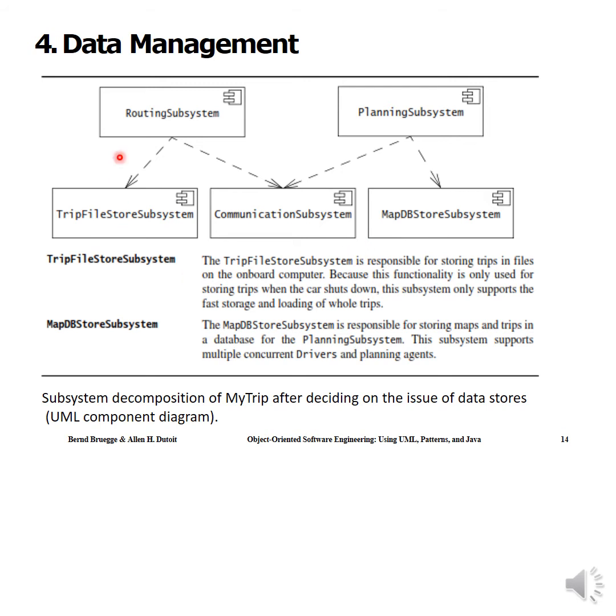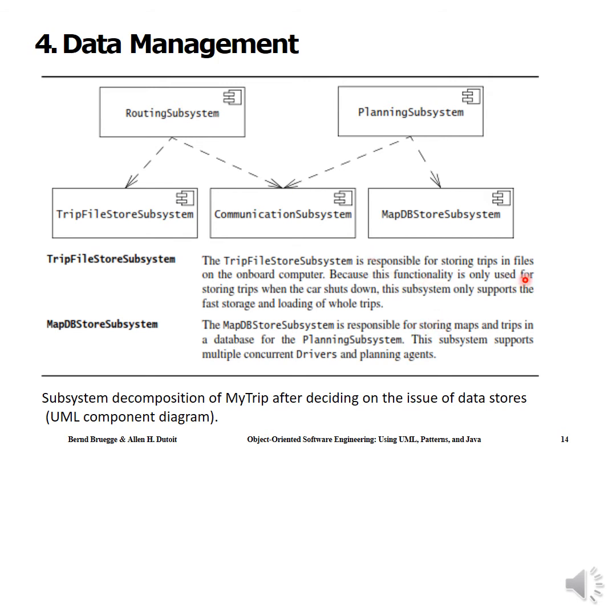So the trip file store subsystem is responsible for storing trips in files on the onboard computer on which the routing subsystem resides.